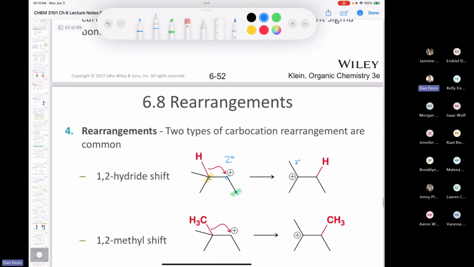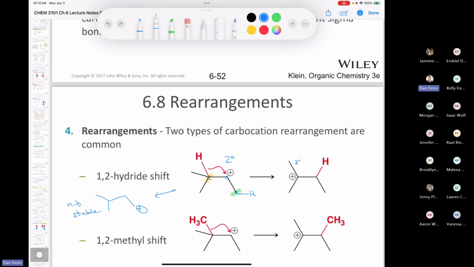Now, if you're wondering, why wouldn't a proton come off of the green one and switch? Because if that was to happen, what you would end up with in that case would be this, a primary carbocation, okay? So if you were to move one of these protons, you'd end up with this, and this is not stable, okay? Primary carbocations are not stable whatsoever. So now you're going from secondary, which is pretty good, to a tertiary, which is way more stable.